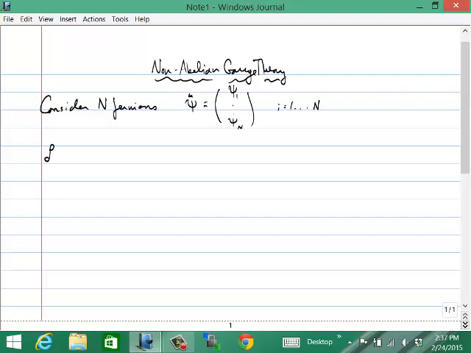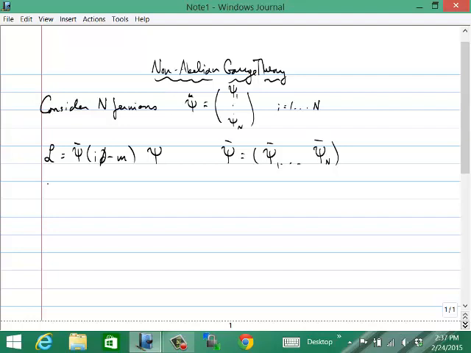And then the Lagrangian is something like psi bar I d slash minus m psi, where psi bar is the corresponding row vector made up of the conjugates of the Dirac spinors.